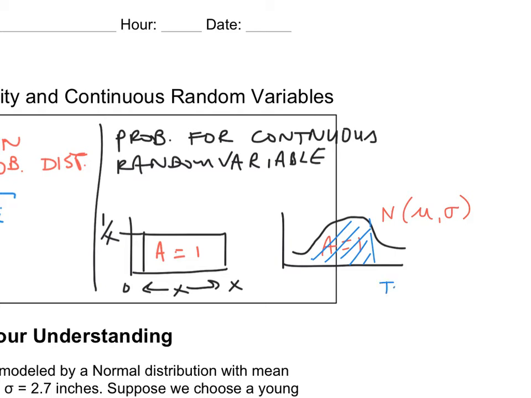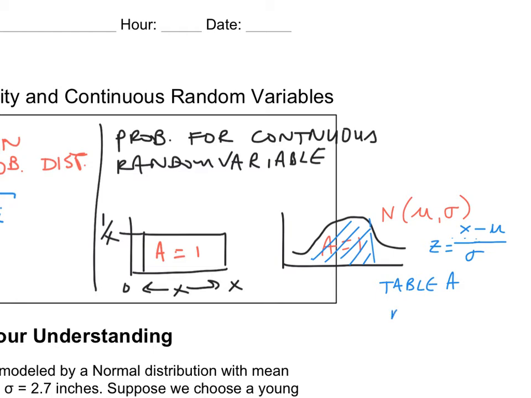We're going to use table A to find that using a z-score. And remember, our z-score is equal to x minus our mean over our standard deviation. That gives us our variation above or below our mean.